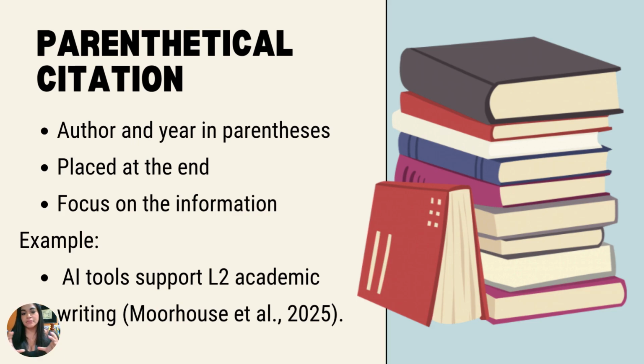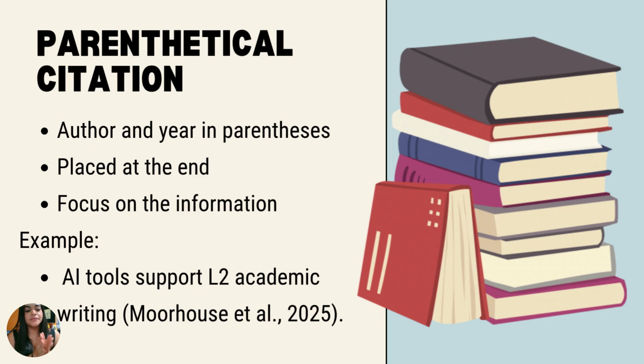So here in parentheses we have Morehouse et al., 2025. In this case, the focus is on the information itself, not on the author. The idea is presented first, and the source is given afterward. Parenthetical citations are commonly used when the writer wants to emphasize the content rather than the researcher.